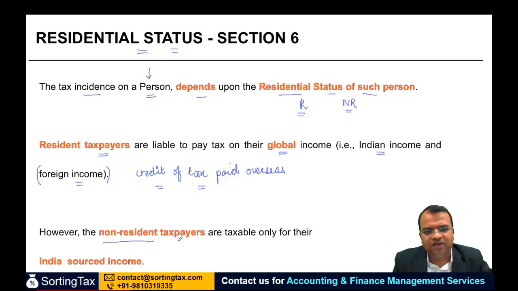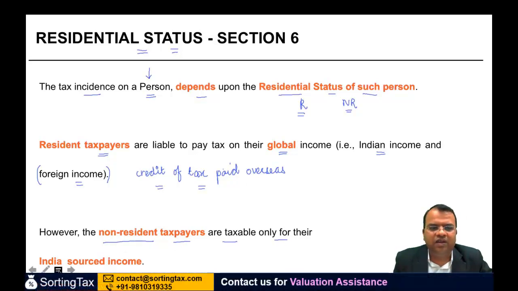However, the non-resident taxpayers, they are taxable only for their India sourced income. If there is an income that they earn outside India which does not have any nexus with the Indian operations, then in that case, those are outside the purview of the Income Tax Act.